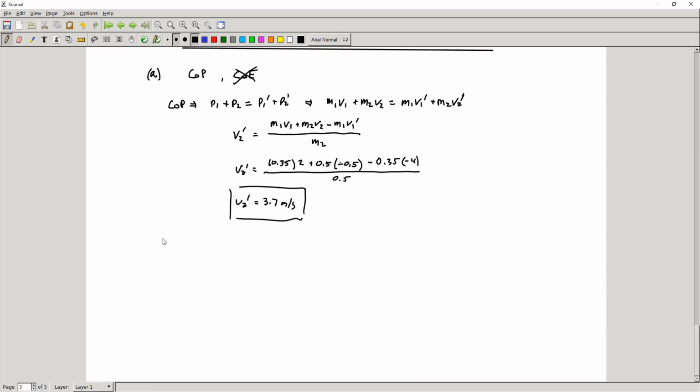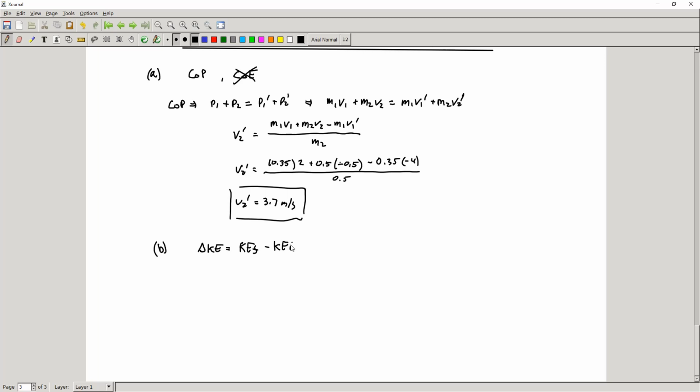And so in part B, we're looking at the potential energy stored in the spring. So our change in kinetic energy, if all of the potential energy stored in the spring was converted to kinetic energy, then all of our change in kinetic energy, we will assume, happened because of that release of potential energy. So really what we're looking for is our change in kinetic energy. We know that we can write our change in kinetic energy as kinetic energy final minus kinetic energy initial.